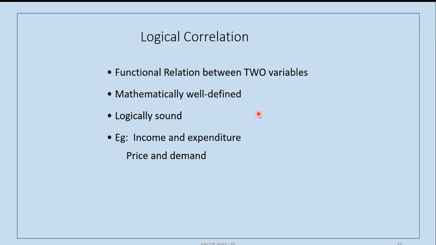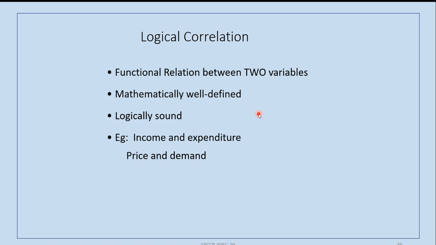Logical correlation is a functional relation between two variables that is mathematically well defined. It is mathematically proved that some relation is there in two items, then it is called logical. Suppose the behavior of the son is the same as the behavior of the father.